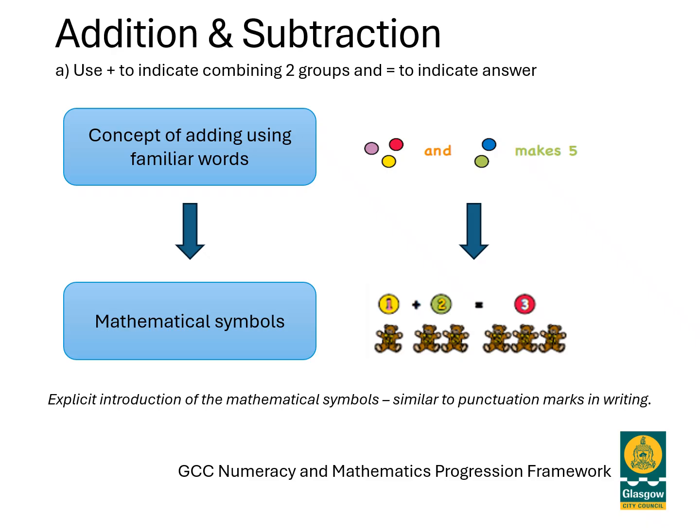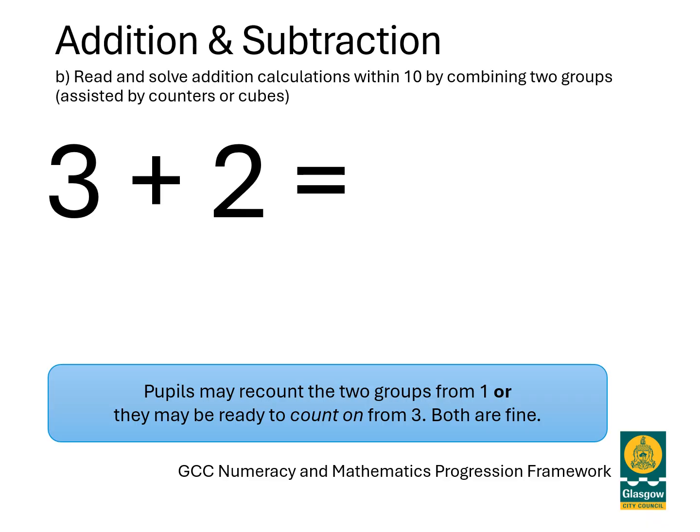Having explicitly introduced these mathematical punctuation marks, if you like, we should be able to have most learners able to read and solve simple calculations of this type. Because they've been working on recognizing numerals, they can tell us that's a number 3.